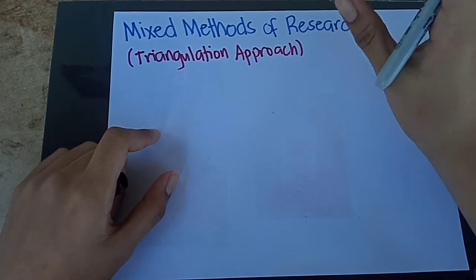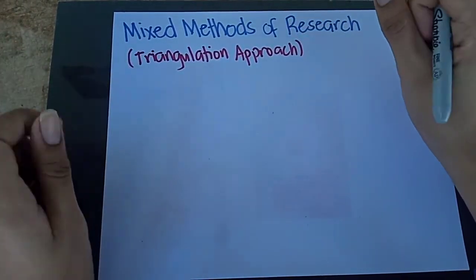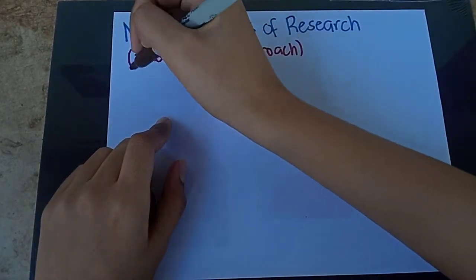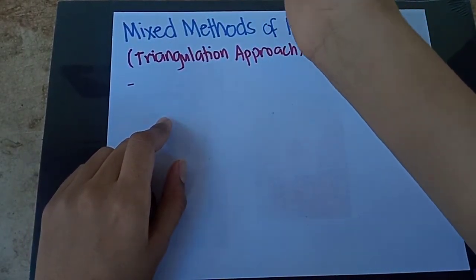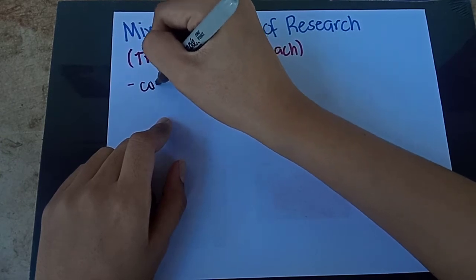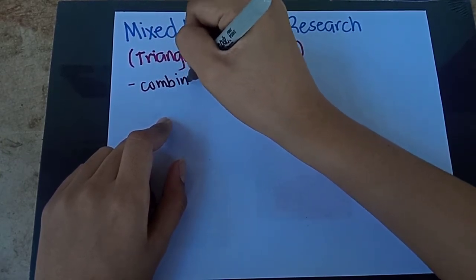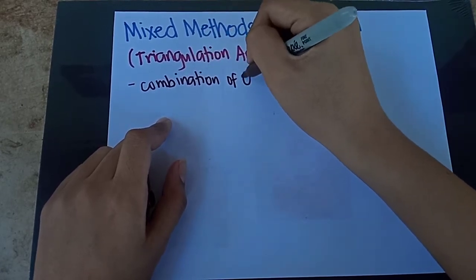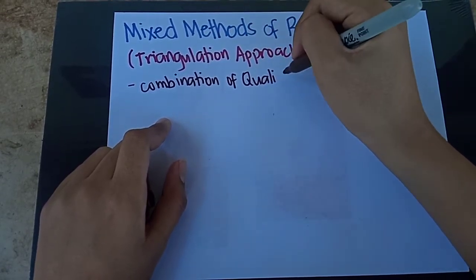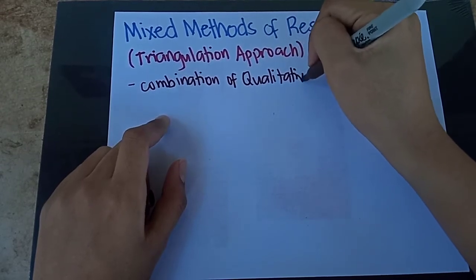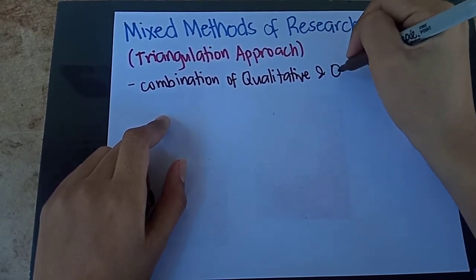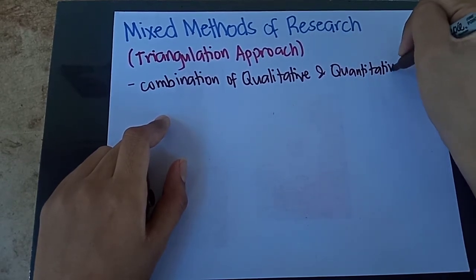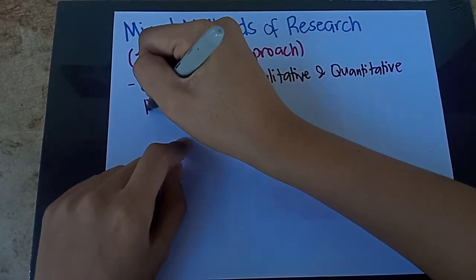And this can be used in different types of study or different types of researches. So the mixed methods of research is mainly the combination of both qualitative and quantitative researches.